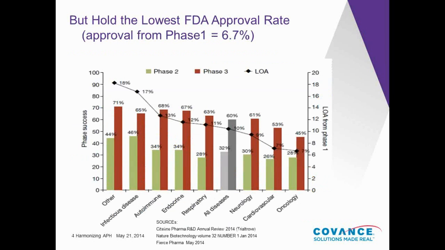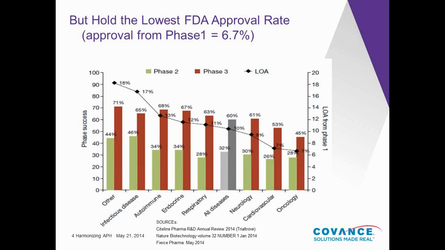However, as many of you may know, oncology clinical trials actually suffer from the worst approval rating for any of the clinical therapeutic areas. So in this case, on the far right of the slide, we see how oncology does in terms of approval for a drug that makes it to phase 1, making all the way through to approval.